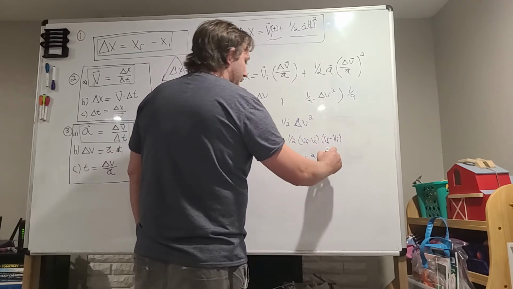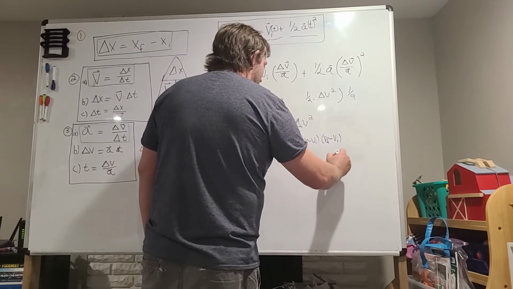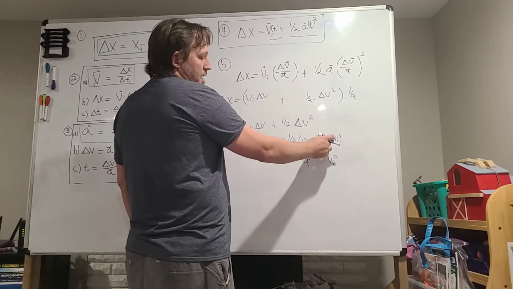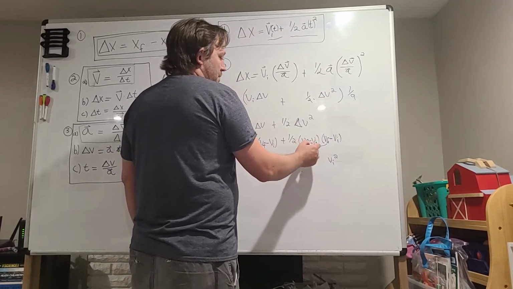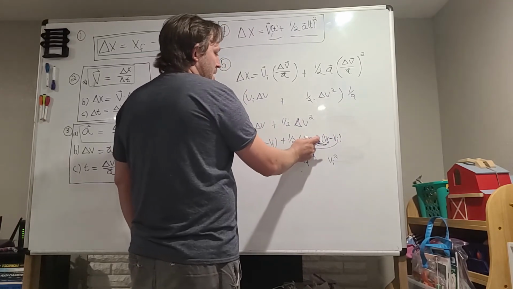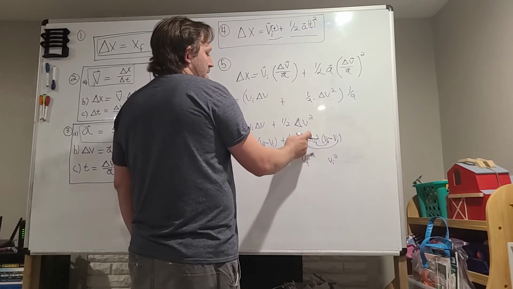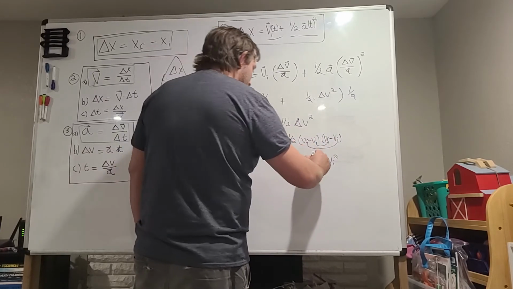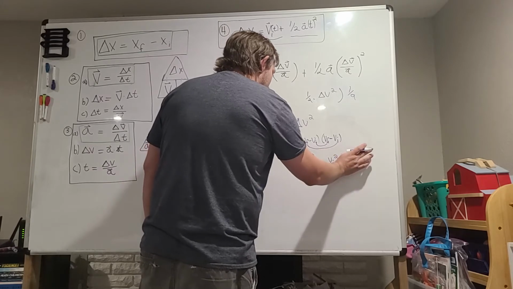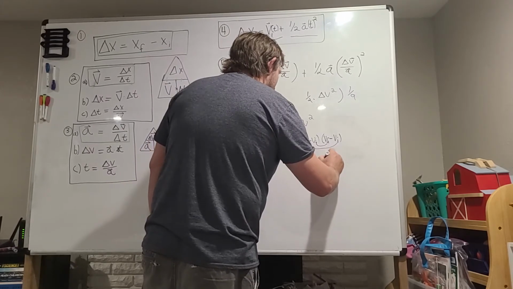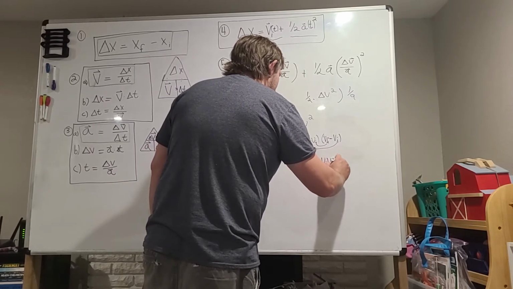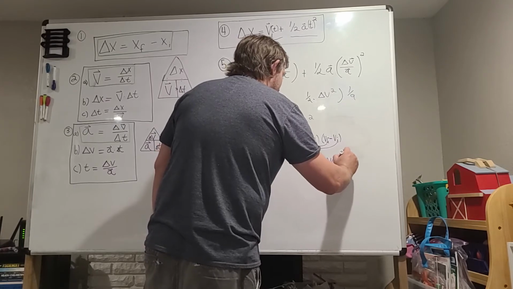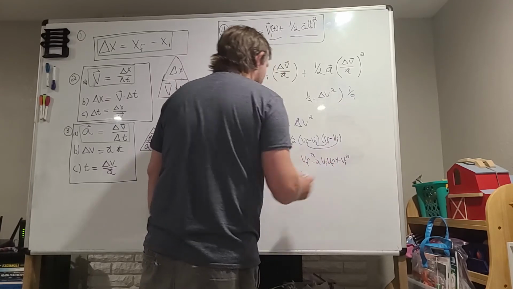Negative vi times negative vi becomes vi squared. And negative vi times vf, the bottom part, plus the other bottom part, becomes negative vi vf and negative vi vf, which becomes negative 2 vi vf, and remember that was at the end plus vi squared.